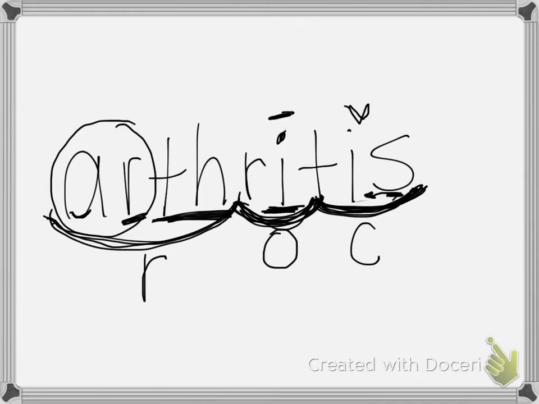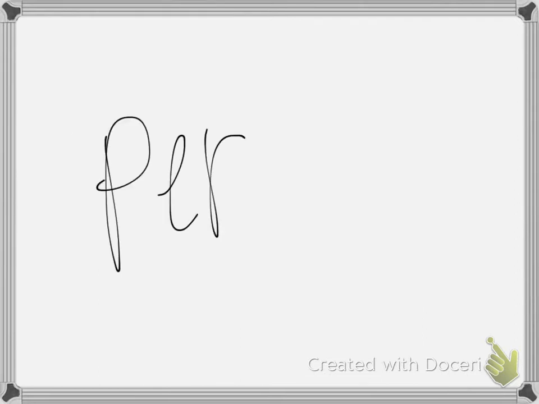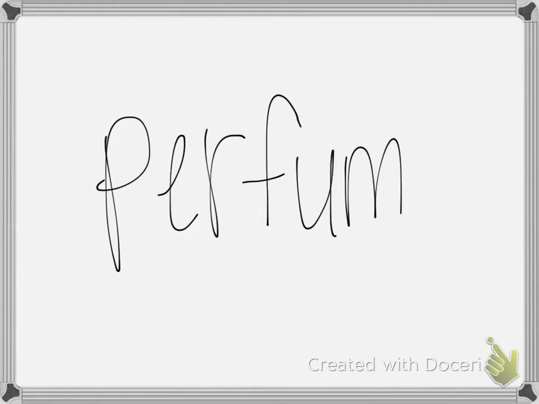I do want to do one more because there's one we haven't done. So I do want to do one more word, okay? Last one is... okay, so looking at this word, we need to first find the vowels.